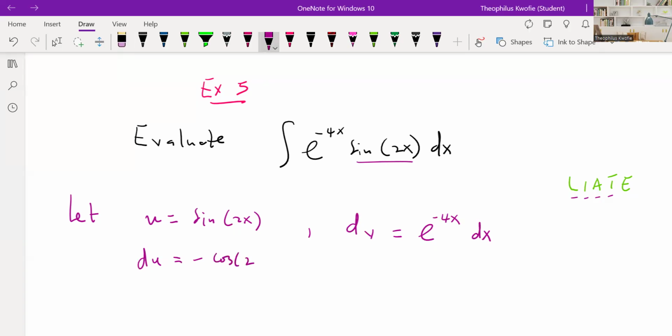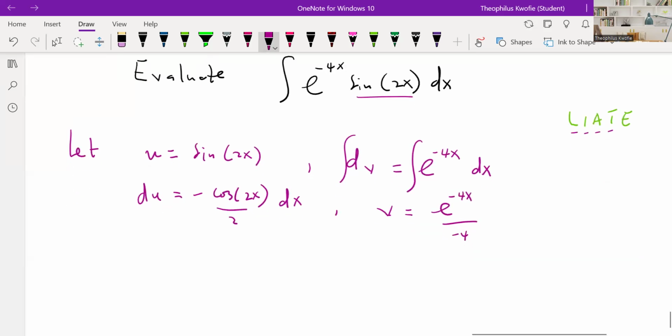Cosine of the angle divided by the angle, dx. And then when we take the integral, that gives us v equal to e to the power 4x divided by the coefficient of x.